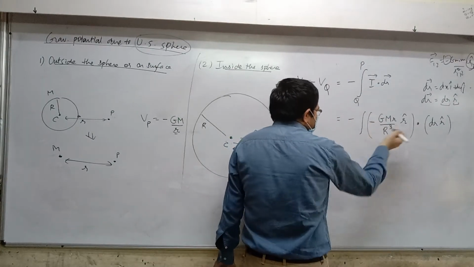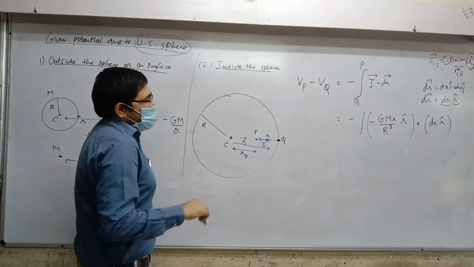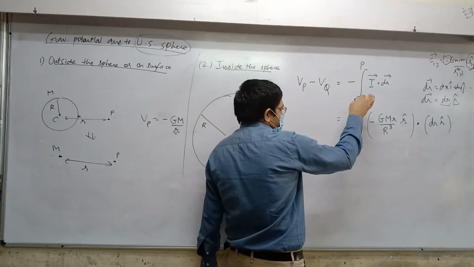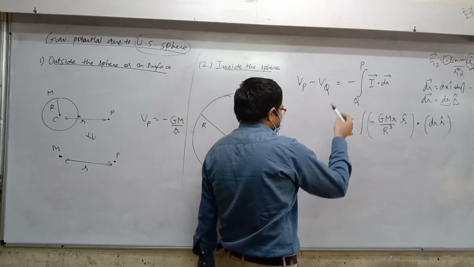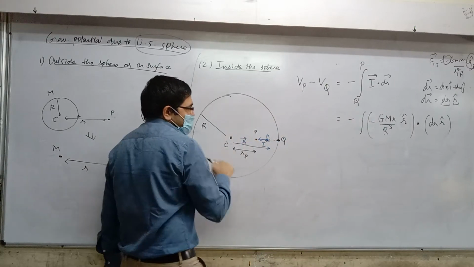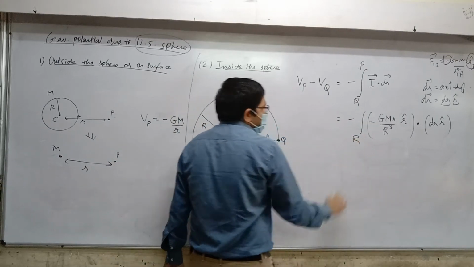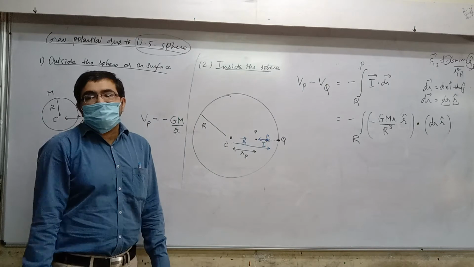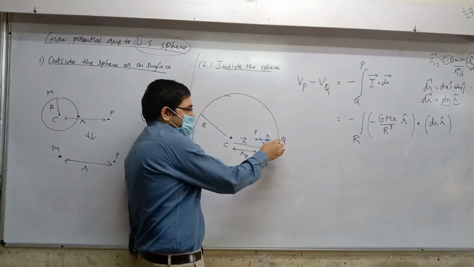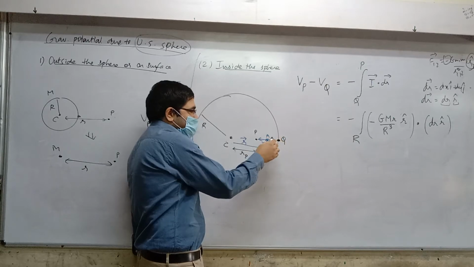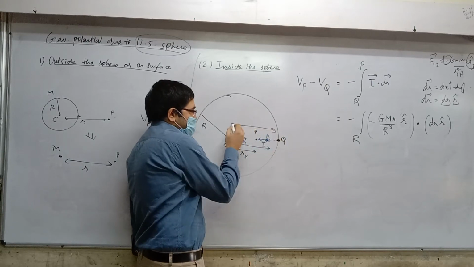Now this integration is to be done from which point to which point? Q to P. So when you take Q, the value of small r is capital R. I'm saying that when we start off from point Q, what is the value of distance from center?